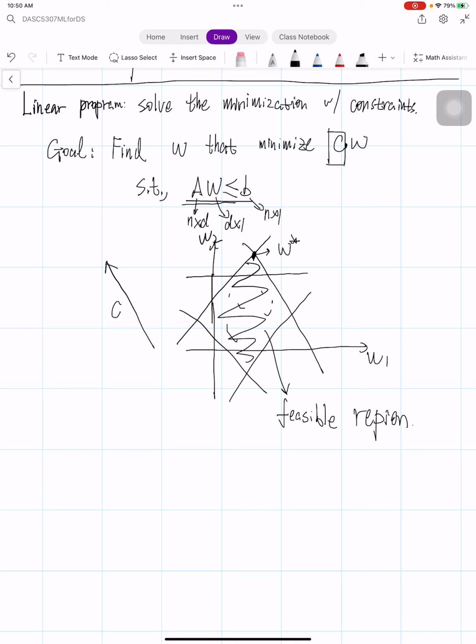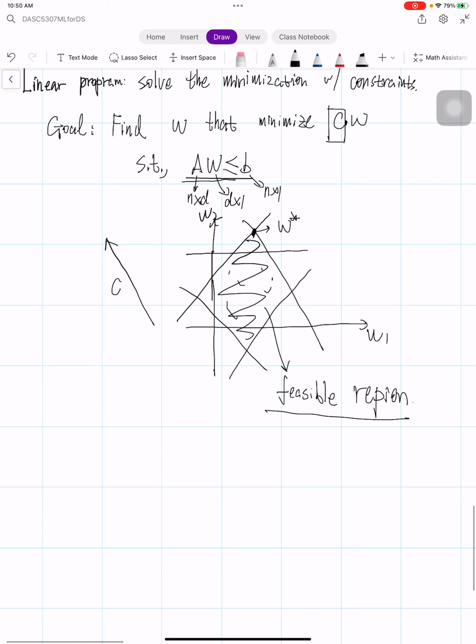Okay, actually this feasible region in the linear program has a name.